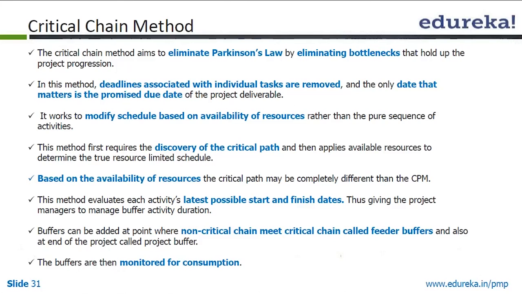It works to modify the schedule based on availability of resources rather than pure sequence of activities. This method requires the discovery of the critical path and then applies available resources to determine the true resource-limited schedule. And based on the availability of resources, the critical path may be completely different than the CPM.